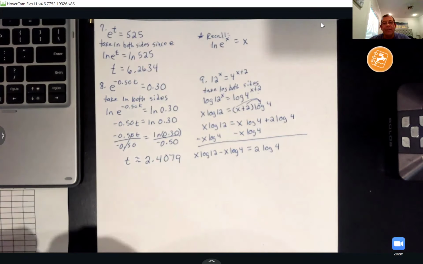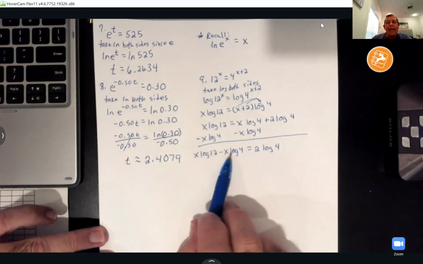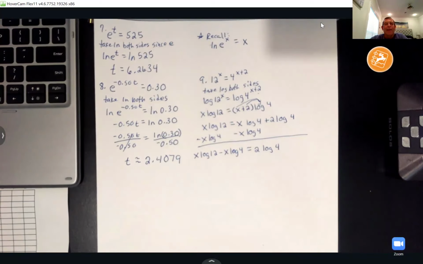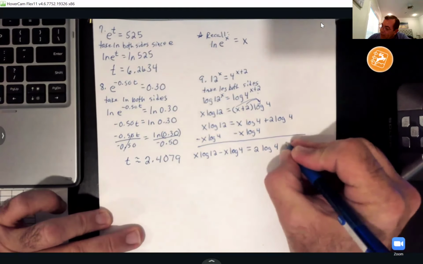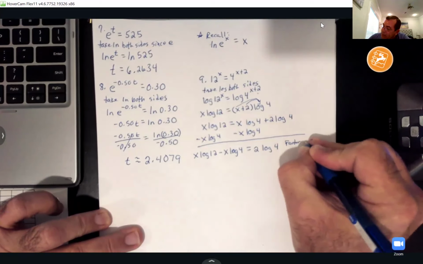So how about this? I got x's in both places. I need to make that a single x. So if you remember while ago, at this point on the left side, I'm going to factor out the x.